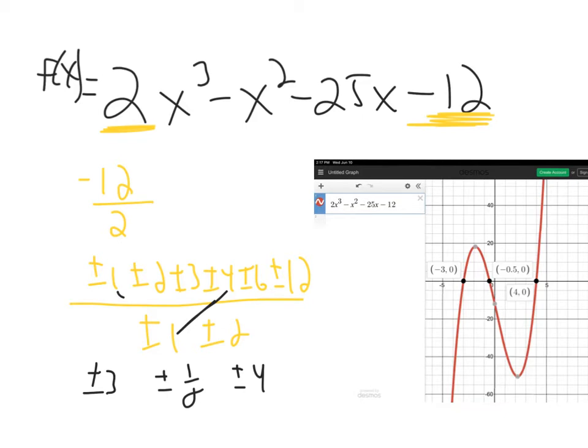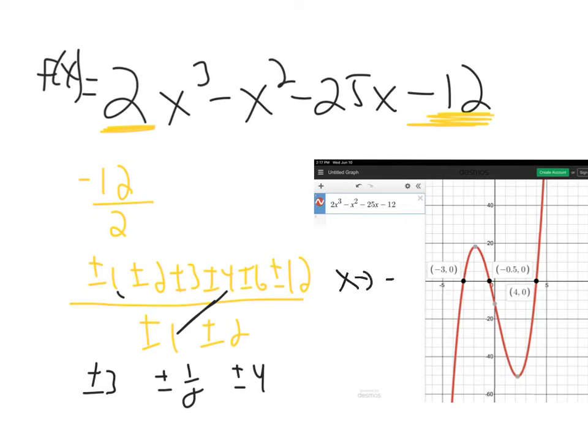Now, a couple of things we could do. How do I know that this graph isn't going to turn around and cross up again there, or same thing down there? Well, I know the ending behavior when the leading coefficient is positive and the degree is 3. You studied this a couple sections ago.